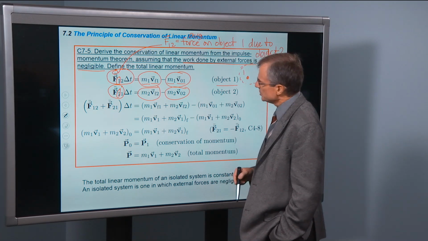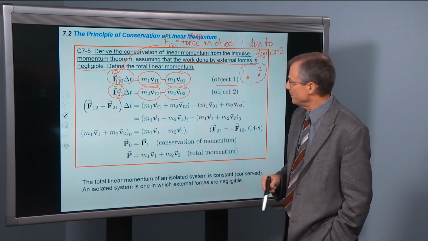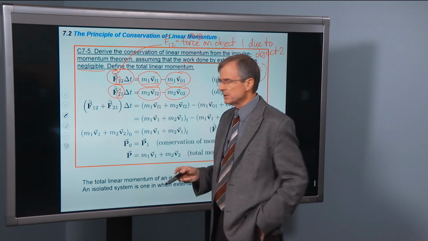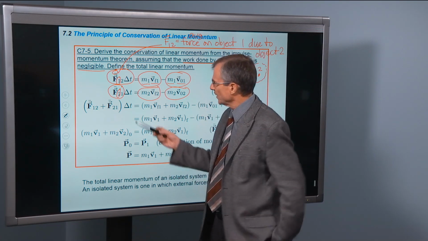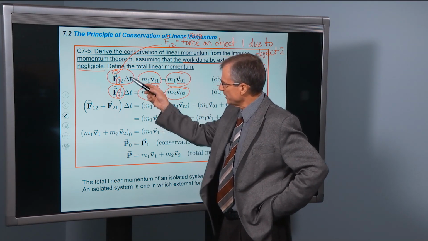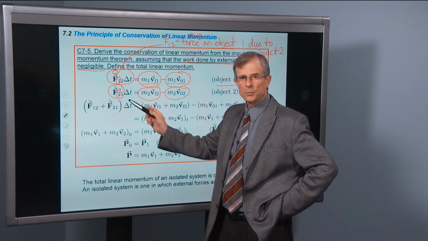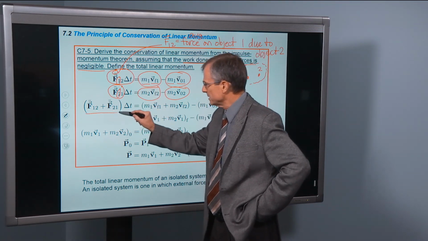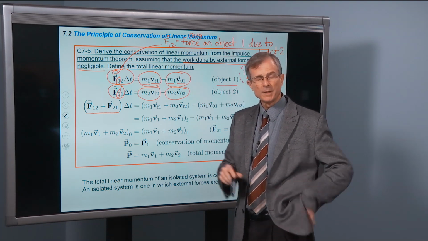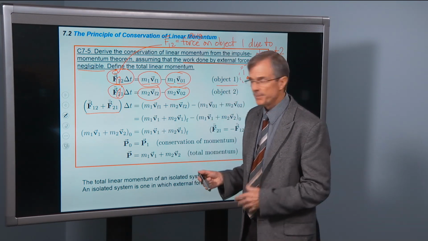Perfect. So now what we're going to do is a little trickaroo. We're going to add these two equations. And we have a delta t on both of these left sides. We'll have F12 delta t plus F21 delta t. Well, that just gets us F12 plus F21 quantity times delta t on the left side.